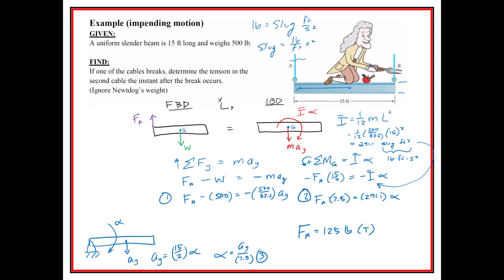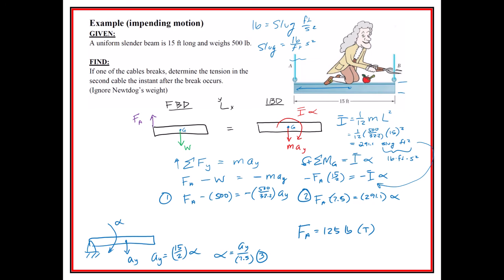This is a very interesting problem when they put springs instead, and then they cut one of the springs. Conceptually, a spring's force is determined by the amount of deflection that it has. And at the instant that the other spring gets cut, its deflection has not changed. So in that case, its tension is going to equal the original tension. That's really kind of crazy, right?